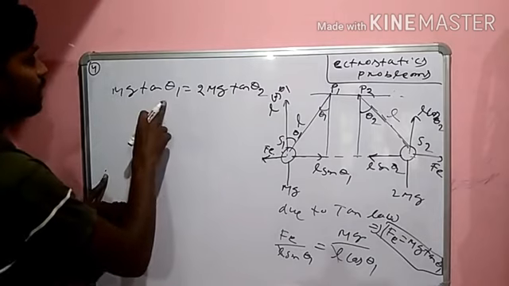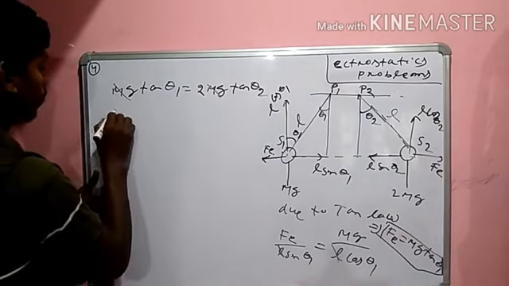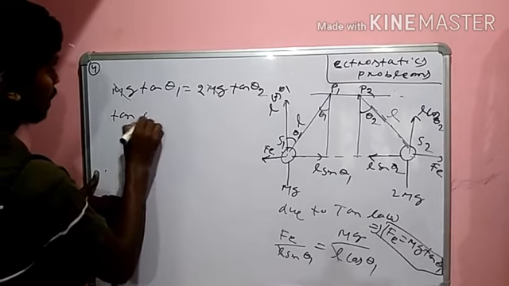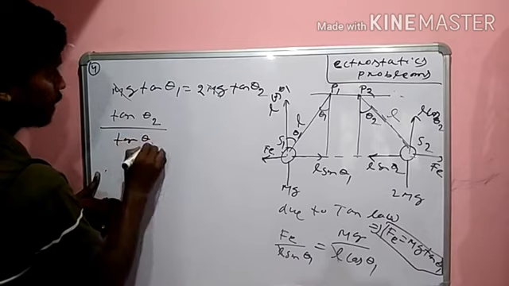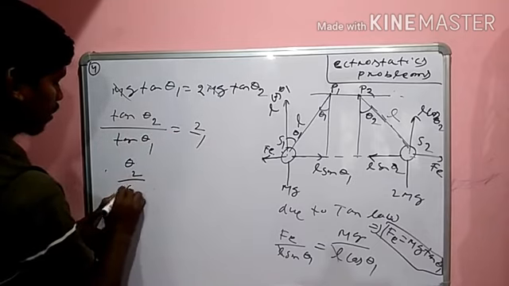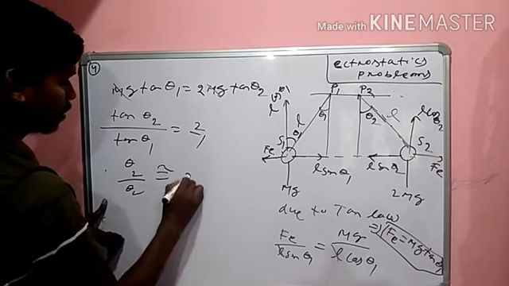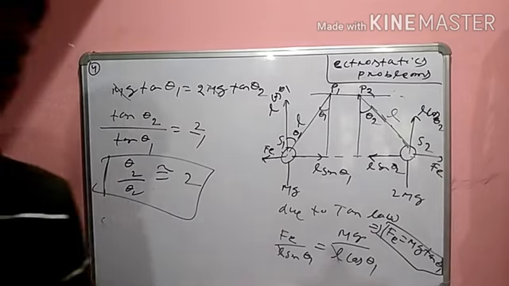So mg cancels. So tan theta 2 by tan theta 1 is equal to 2 by 1. So approximately theta 1 by theta 2 is approximately 2. Yes or no? This is the answer of this question.